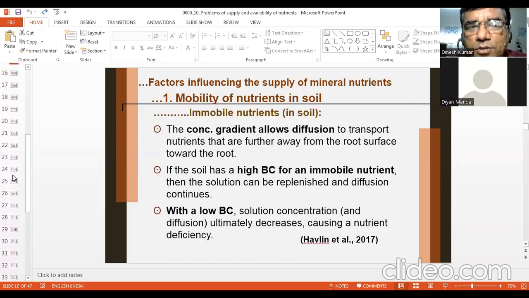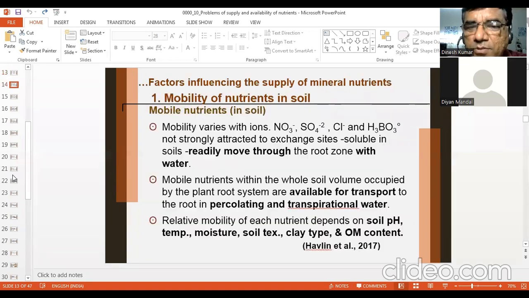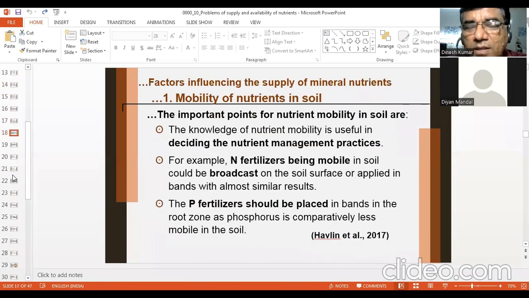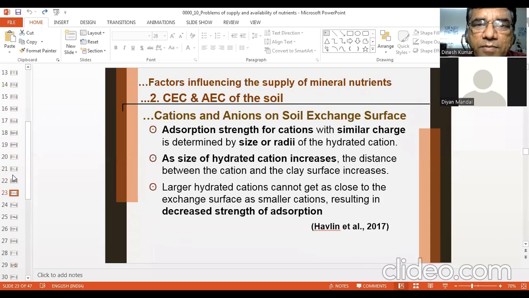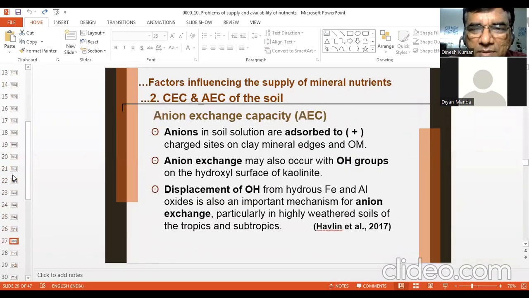I can just show you again what the factors are: mobility of nutrients, CEC, base saturation, buffering capacity, soil pH, soil organic matter and its decomposition, and physical condition of the soil. So these are the 7 important factors. We have discussed up to number 4, buffering capacity of the soil. Now we are going to discuss the 5th factor that affects the supply of minerals to the soil solution.